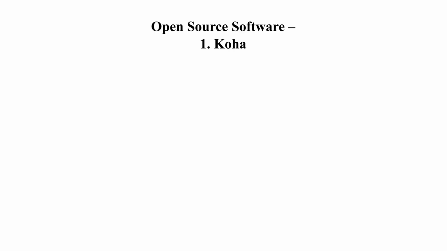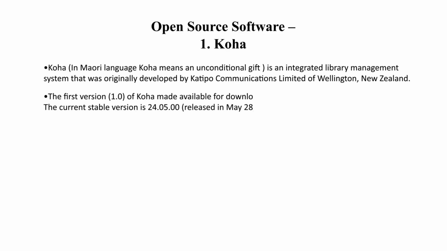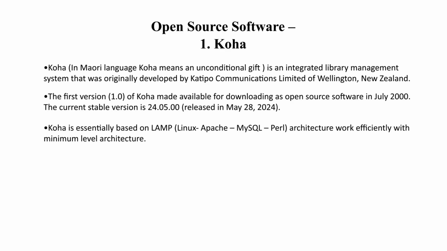The greatest development of this category, Koha, was basically developed in the year 2000 by Katipo Communications Limited of New Zealand. It works under LAMP architecture. Here LAMP means Linux for operating system, Apache for web server and its infrastructure, MySQL for database, and Perl for interface.